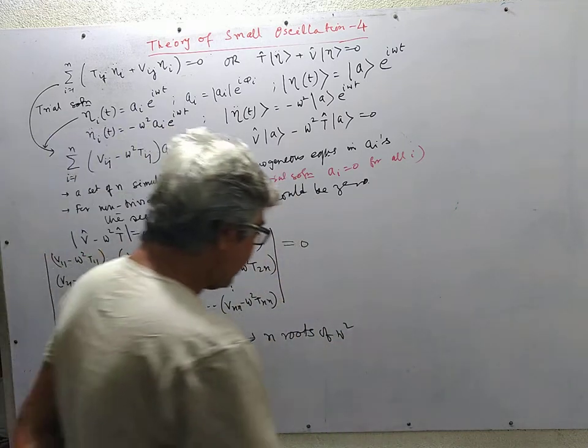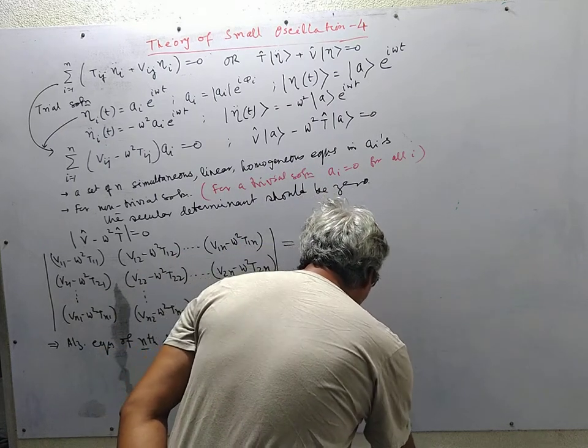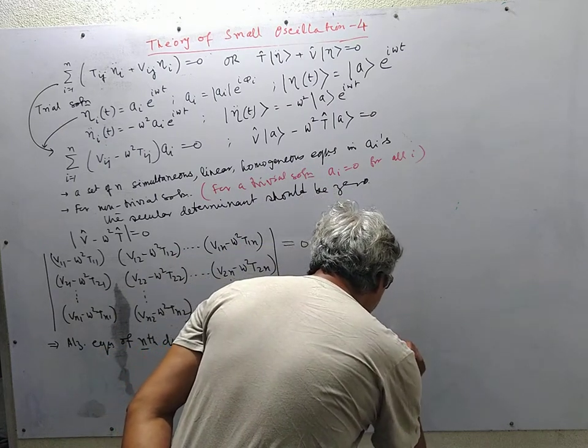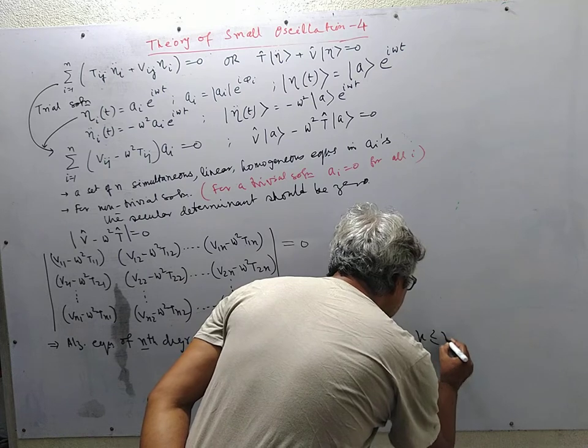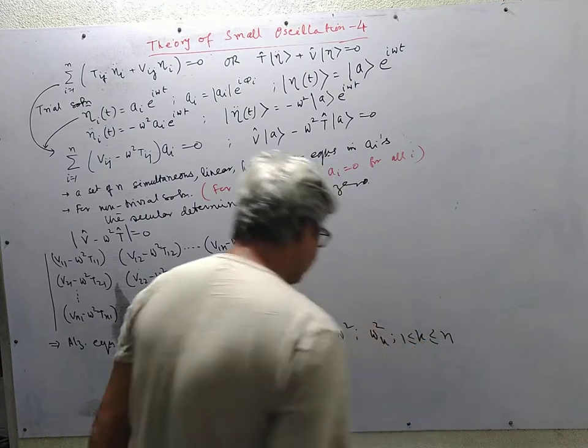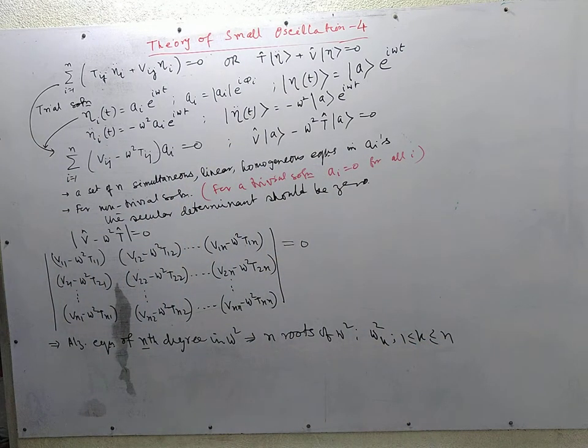Let us denote it as omega_k square, where k is greater than or equal to 1 and less than or equal to n. So there are n values of omega square.